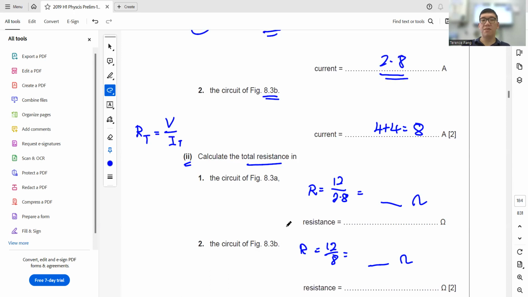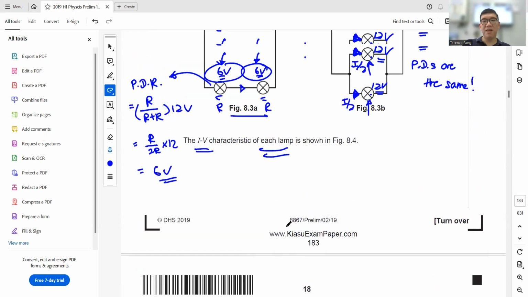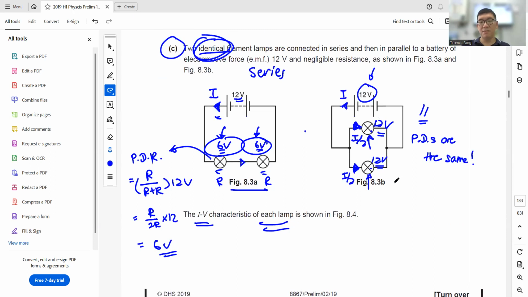In case you're wondering, why not find all the individual R's? Why not just use 1 over R1 plus 1 over R2 equals 1 over R, or R plus R equals R total? Actually, the answer is yes, you can. You can find the individual R's.